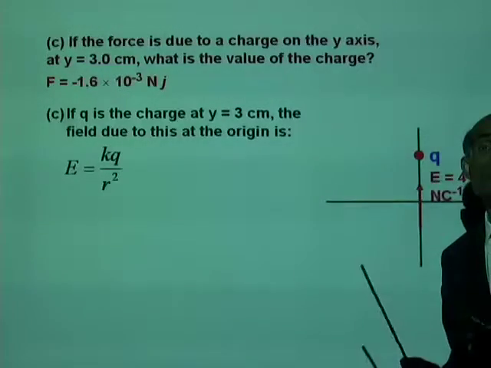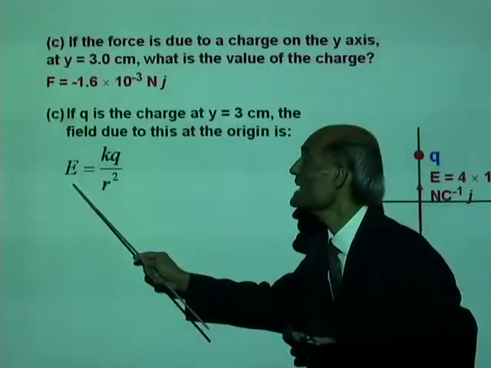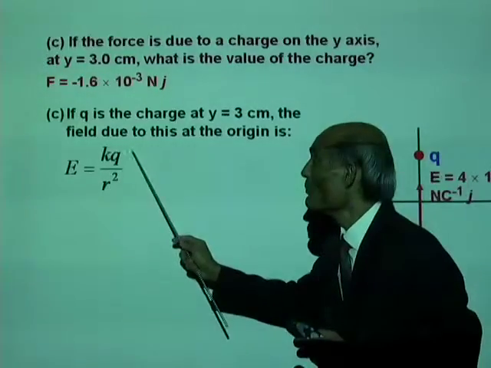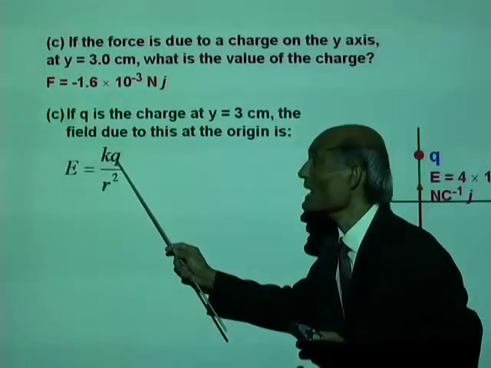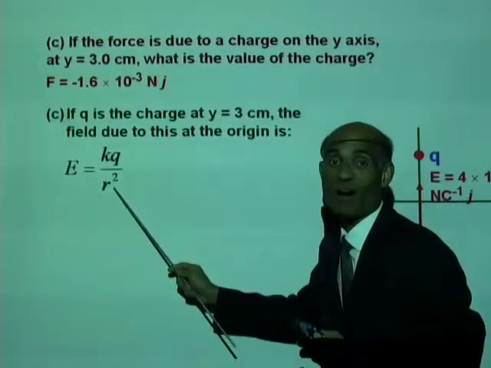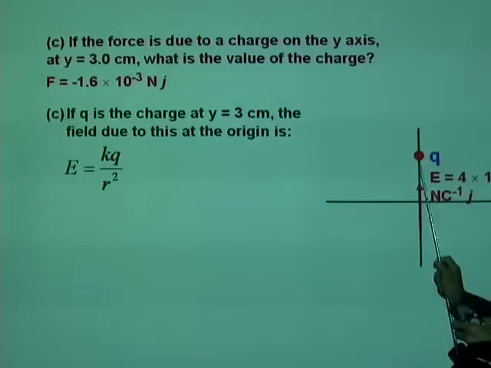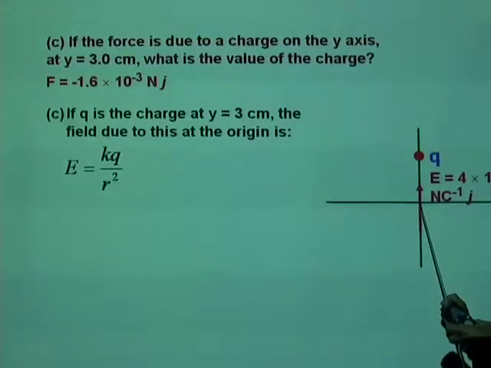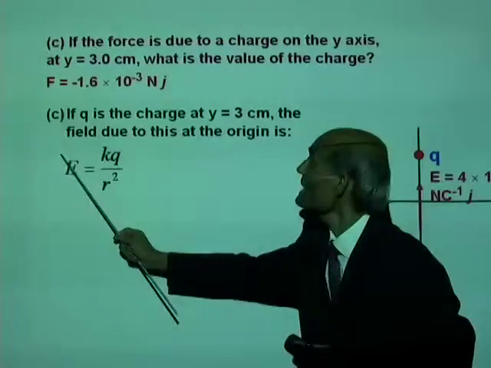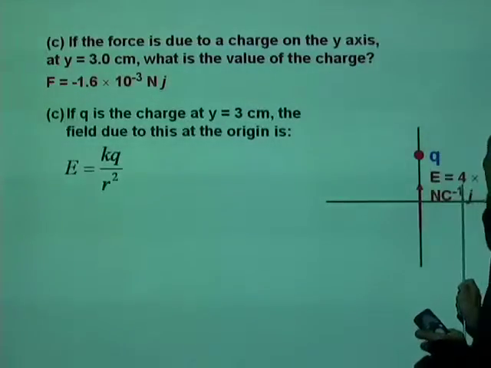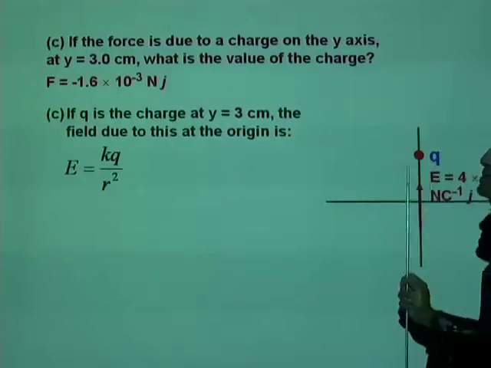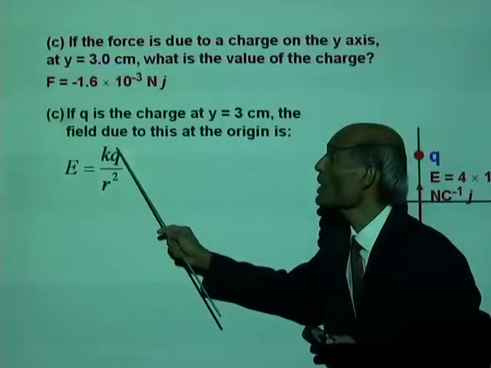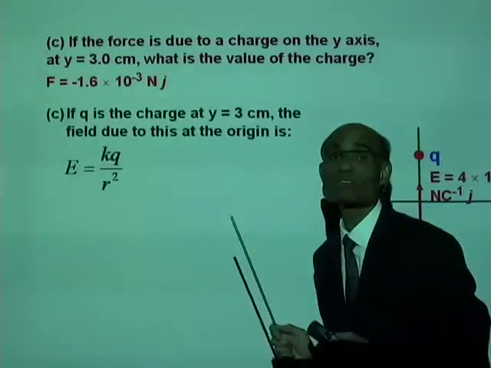That is what we want to answer. You know that E equal to KQ over R squared, where this Q we need to find. R is 3, and E we know is the electric field at the origin, 4 times 10 to the 5 Newton per Coulomb. R is 3 centimeters. K we know, therefore we can find Q.